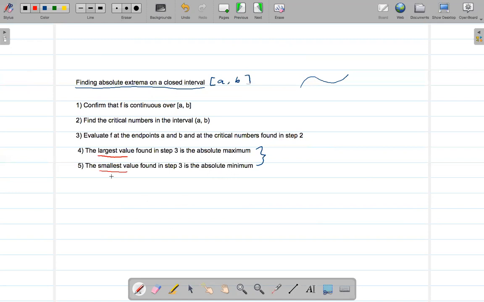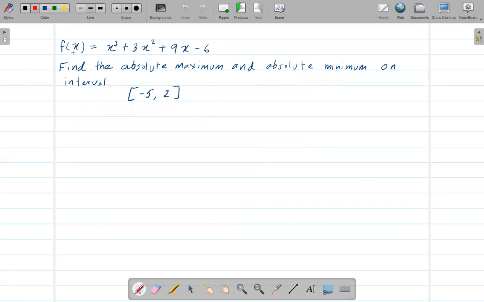Anyway, let's do an example so we will see what exactly I'm talking about here. This is the example. This function is given and we need to find the absolute maximum and absolute minimum on a certain interval.